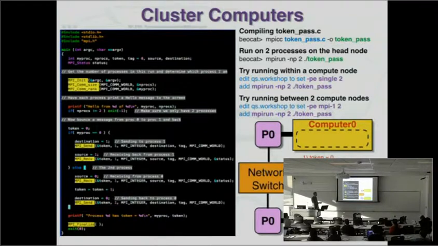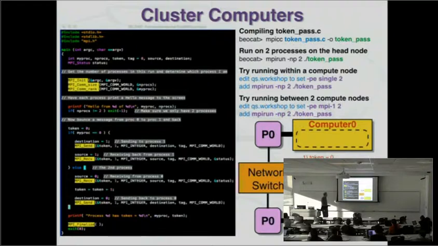Then it receives it. It's going to increment that variable by 1 and then send it back. Then computer 0 can finish and get its message, and they both print out what the final value of that variable is.